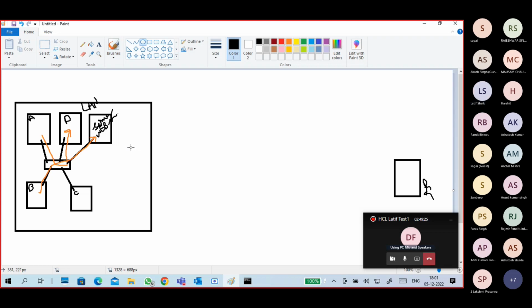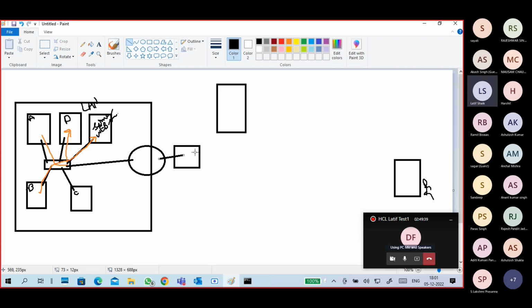Next one. This is a router and there is a modem. Okay. And there is an ISP. Again, we'll go back to this. In general, we are connected to the internet like this. This is the internet, and this guy is also connected through the internet.